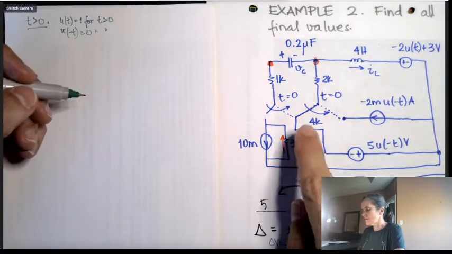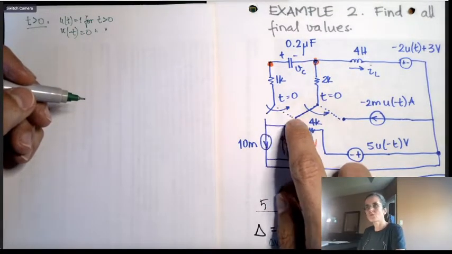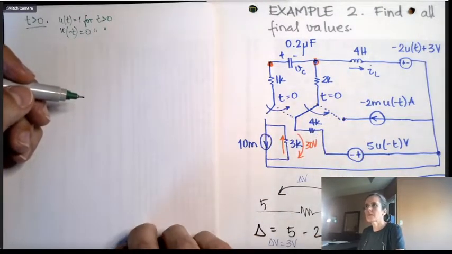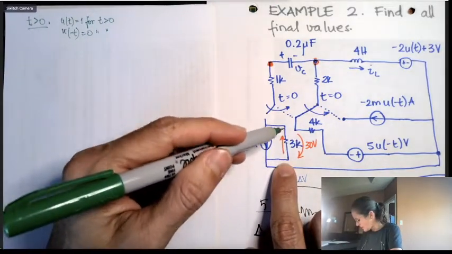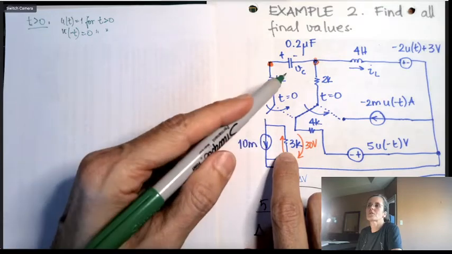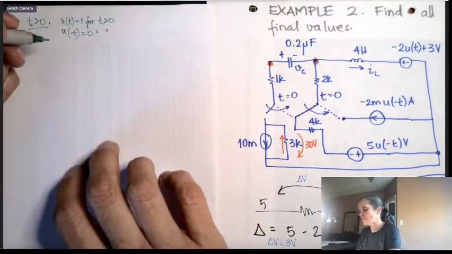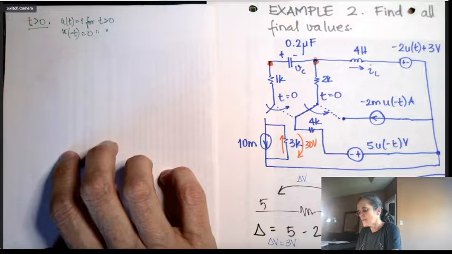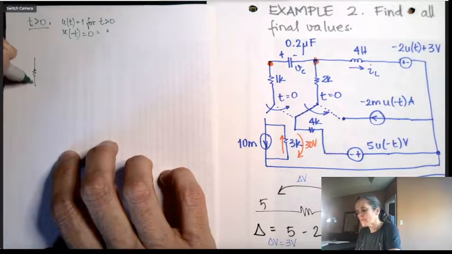So these two switches go to the right side. And now for sure the 10 milliamps and the 3 kilo ohms are out of the circuit with the capacitor and the inductor, so I don't need to draw them. But that 1 kilo ohm is still there.